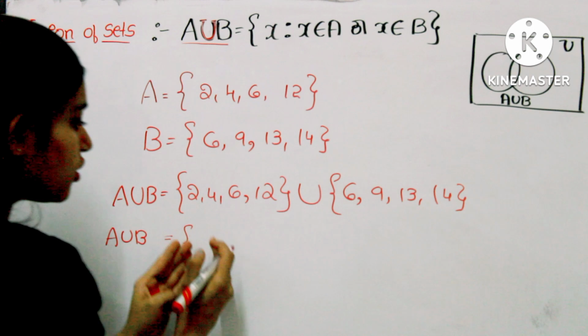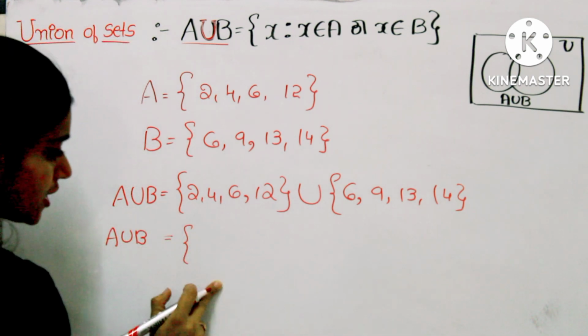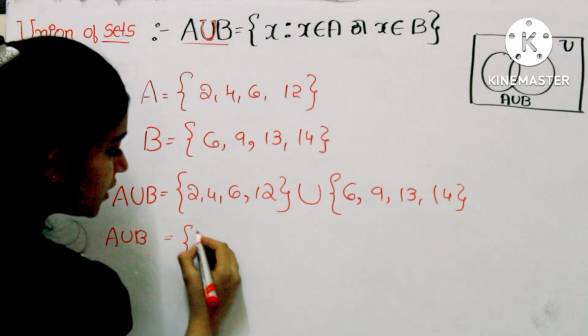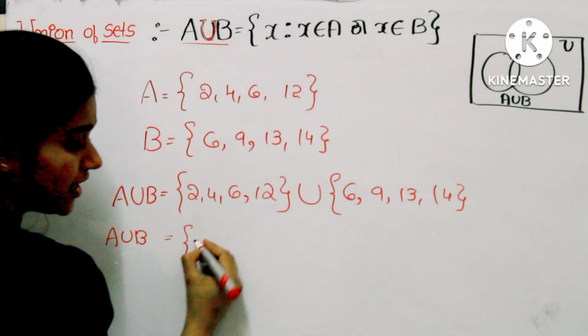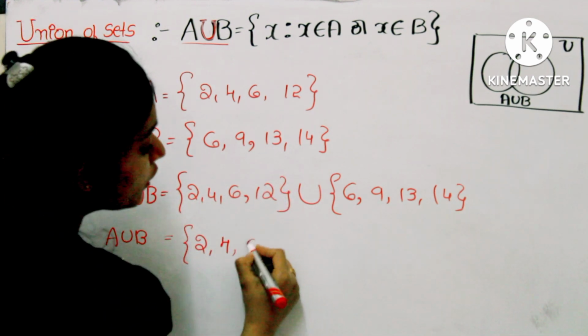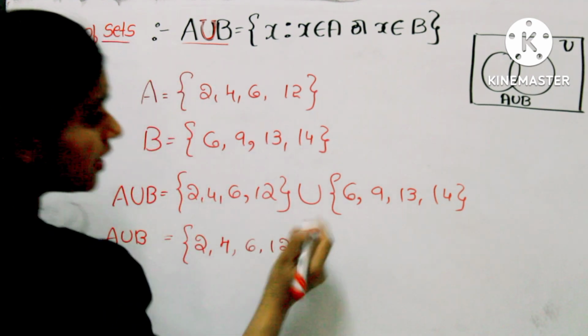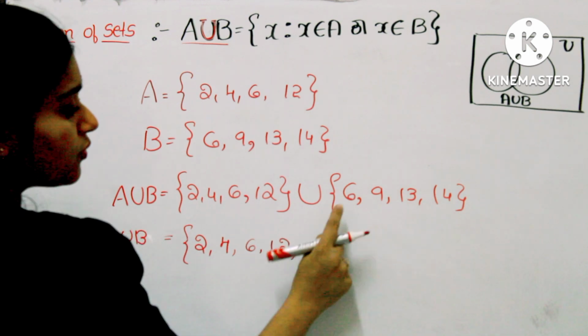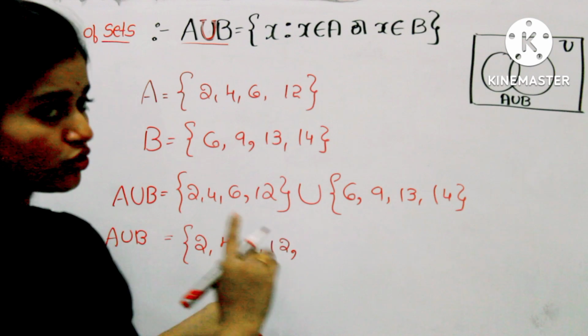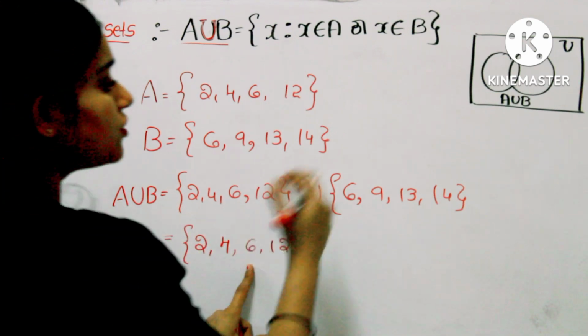The elements of A union B should belong to A or belong to B. So first write all the elements in A: 2, 4, 6, 12. Then come to B. 6 is already written, so don't repeat it again.